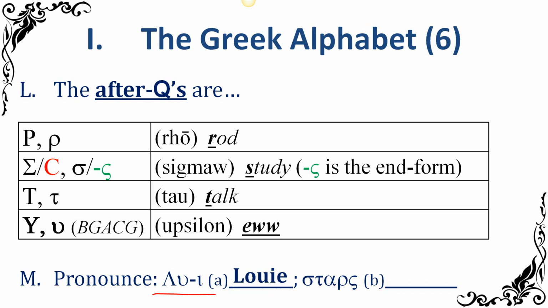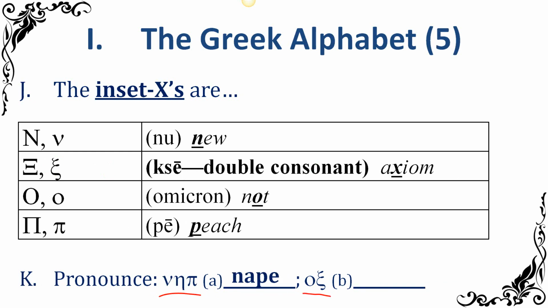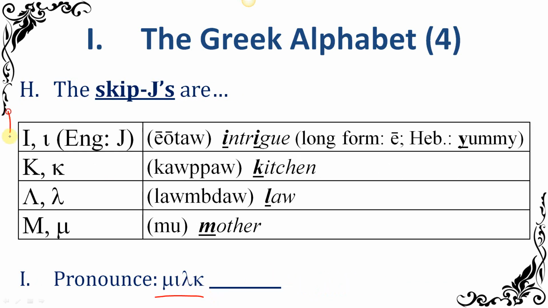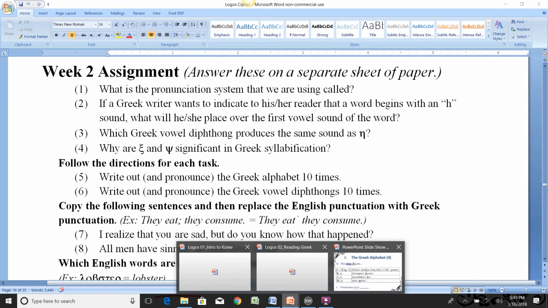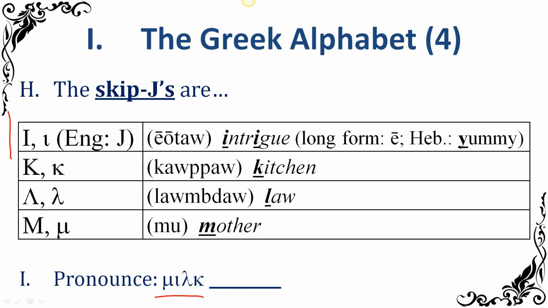So Louis. Now, you guys might remember this, but there's something that's kind of weird about iota and the sounds that it makes. There's actually 3 different sounds that it makes. Going back to iota, it's easier to name it by exceptions.